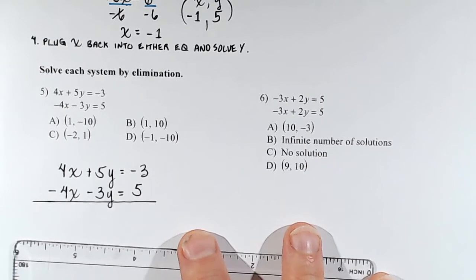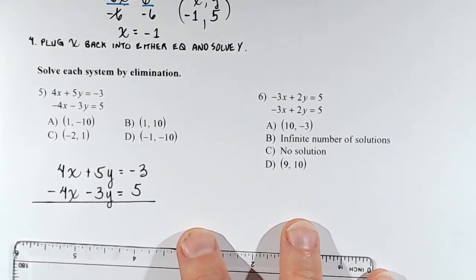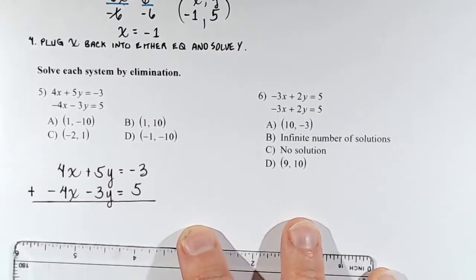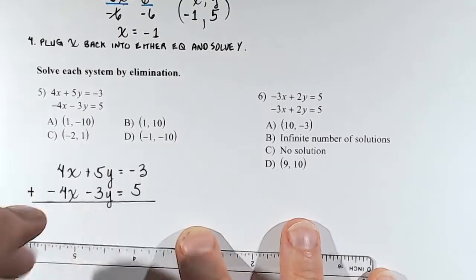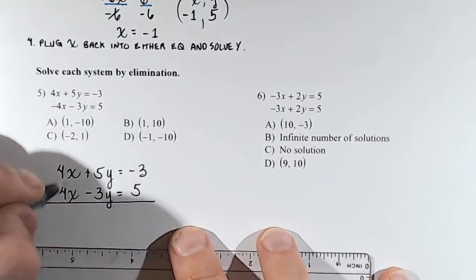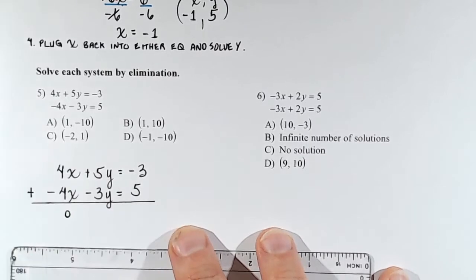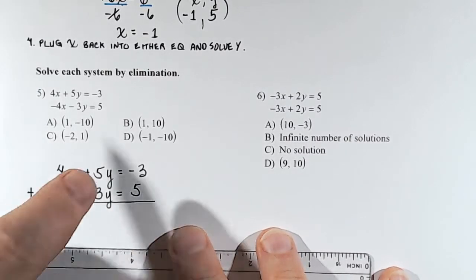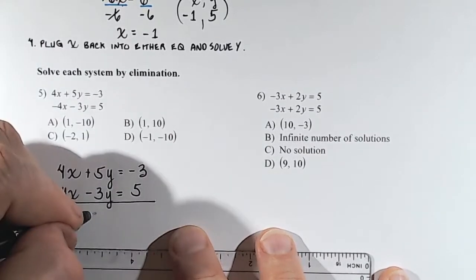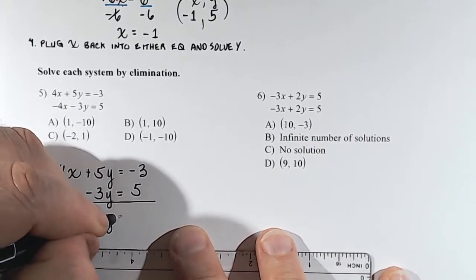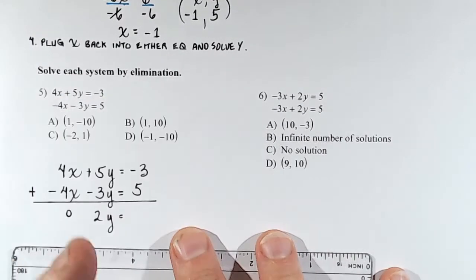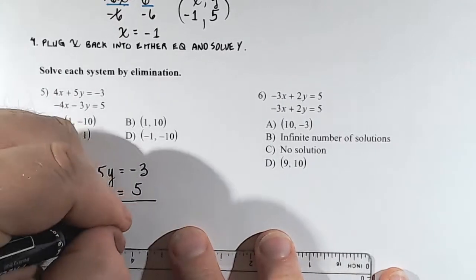And how should we eliminate? Should we eliminate using addition or subtraction? Well, we should eliminate using addition, right? 4x plus negative 4x is 0. So using addition, we get this to be 0, so we've eliminated the x, and 5y plus negative 3y is 2y, and negative 3 plus 5, so you're basically subtracting 3 from 5, that's 2.